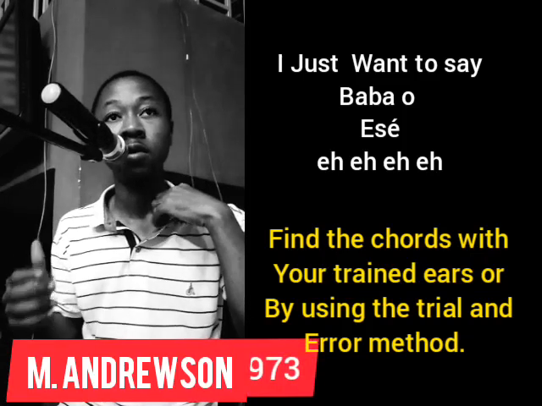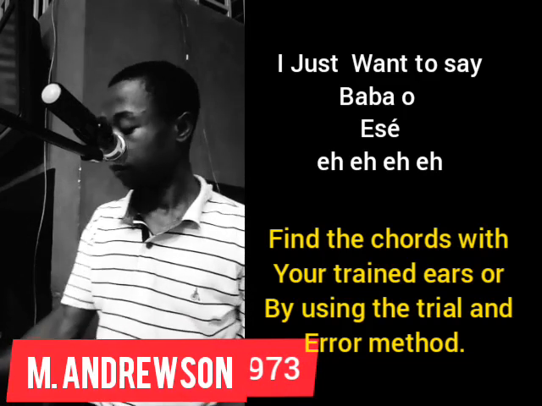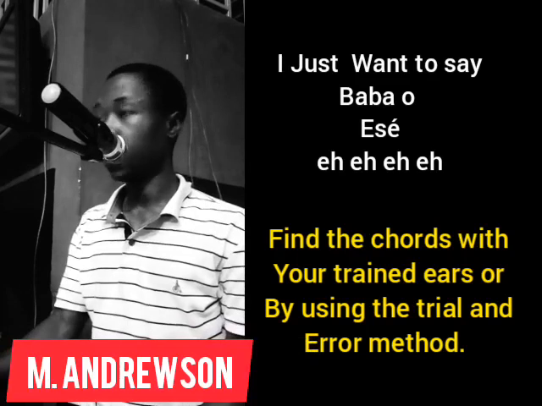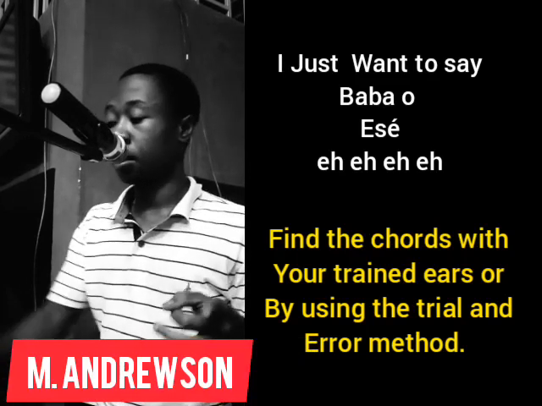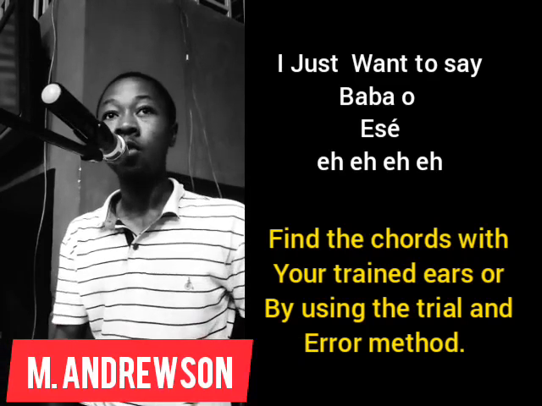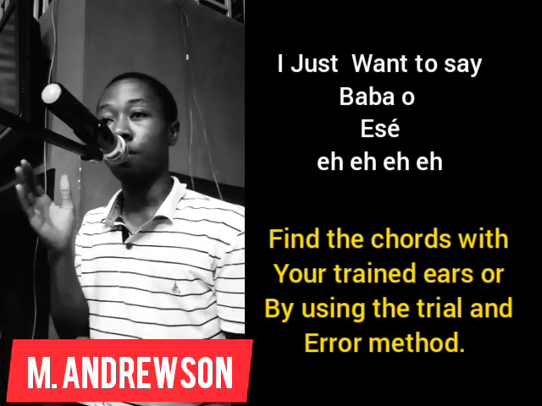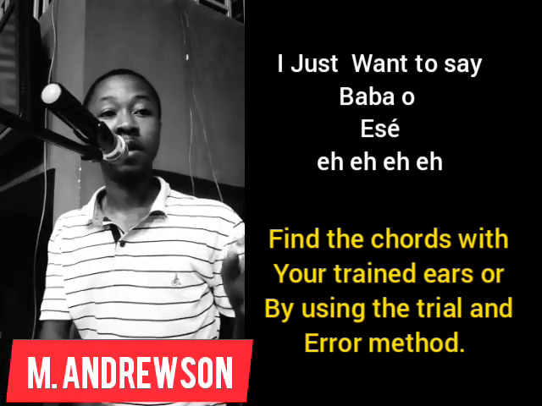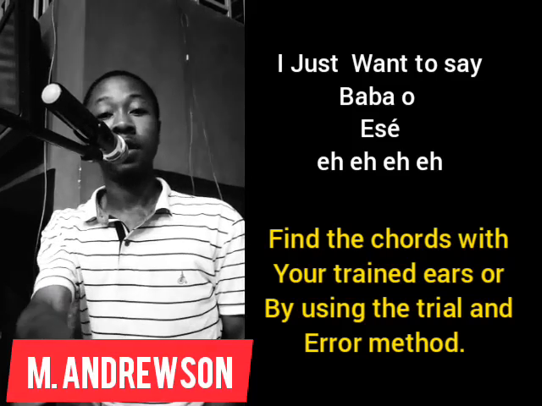Already I know how these chords sound. So you check which of the seven chords goes well with the last note you are humming, the underlined phrase that you are humming.